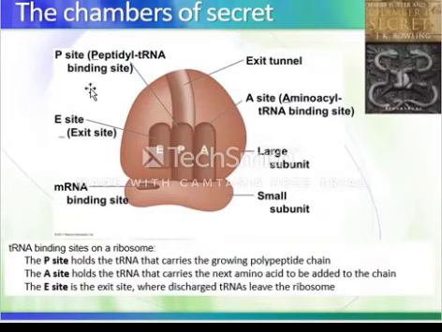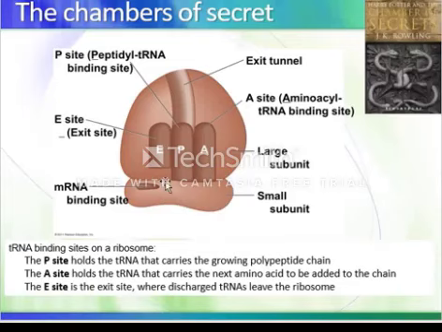Now, let us describe the chambers of the ribosomal subunits and the function of each chamber. You remember we talked about the mRNA binding to the small ribosomal subunit. So we have an mRNA binding site in the small ribosomal subunit.